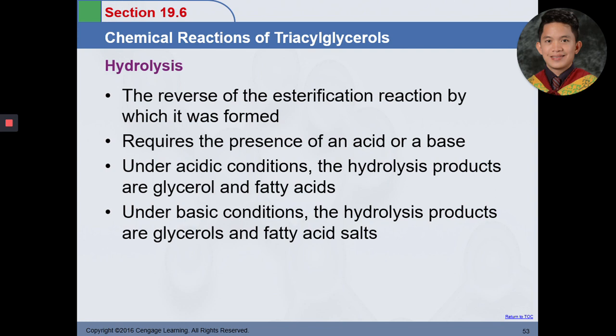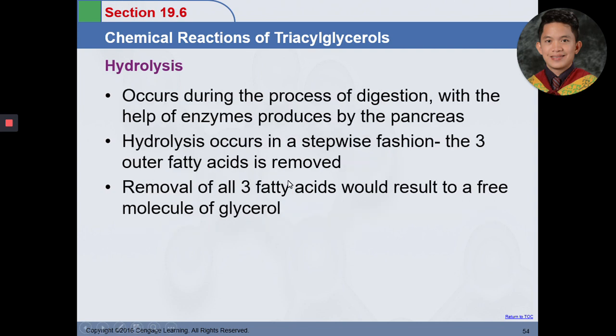So in our body, the process of hydrolysis occurs during digestion with the help of enzymes produced by the pancreas. The hydrolysis occurring within our body follows a stepwise fashion, a step-by-step pattern.